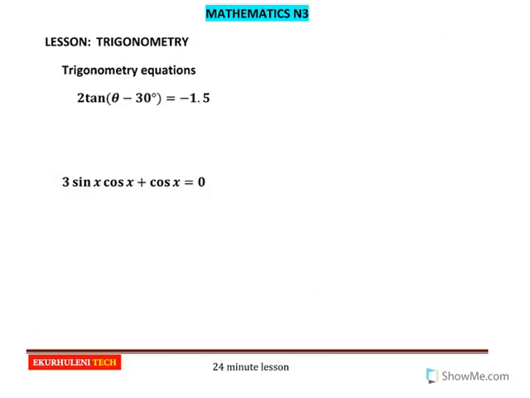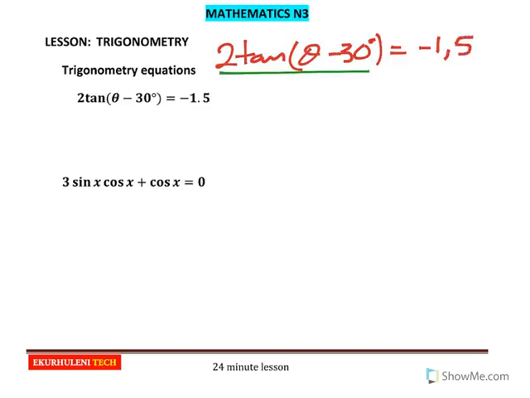Let us move on. It says simplify 2 tan (theta minus 30 degrees) is equal to minus 1,5. Now what do you do first? Number one, the first thing to do is to divide both sides by a 2.